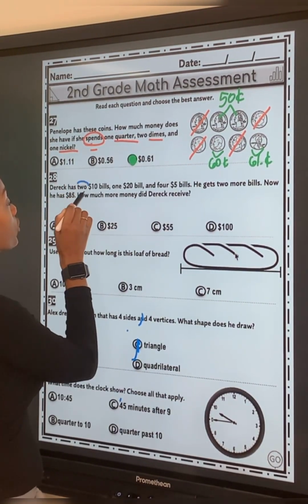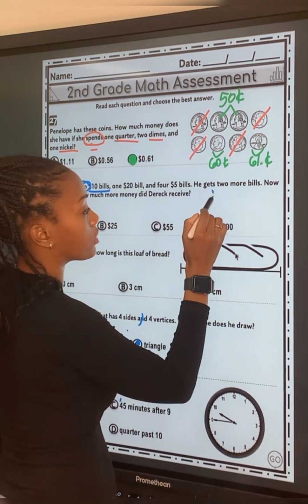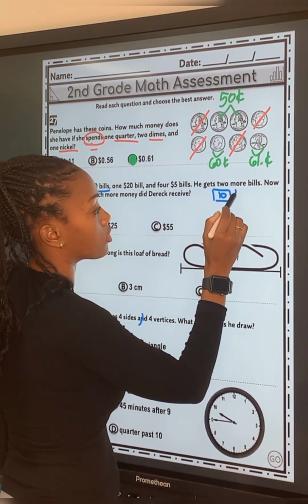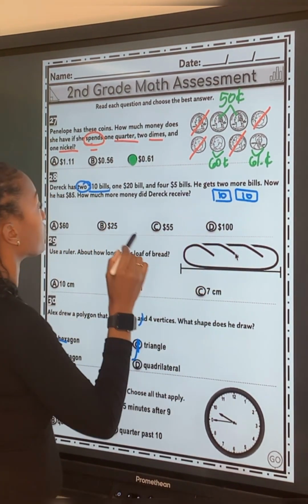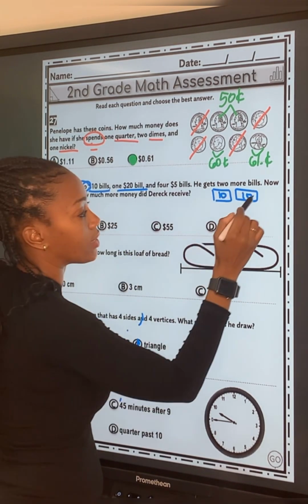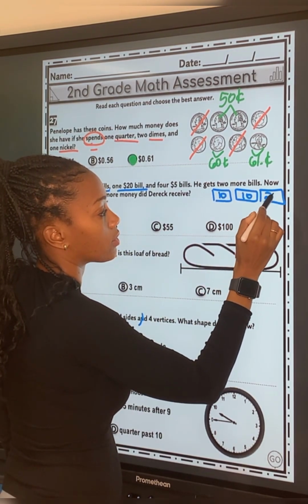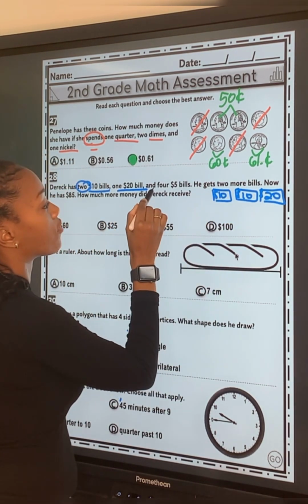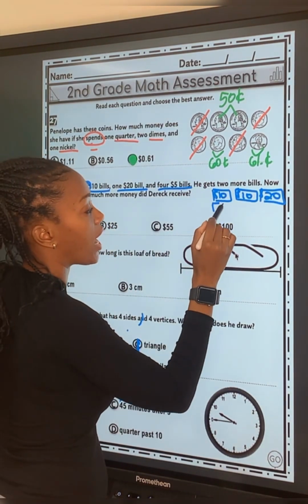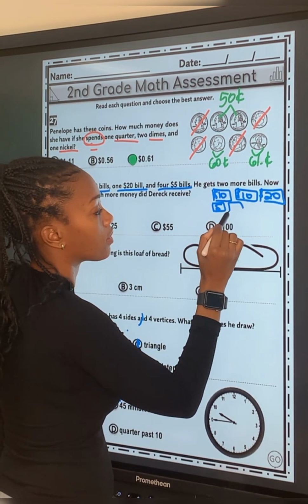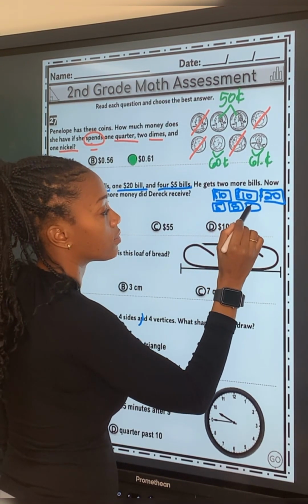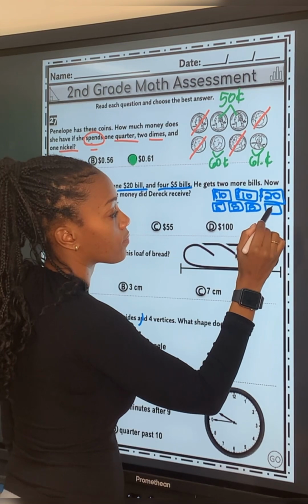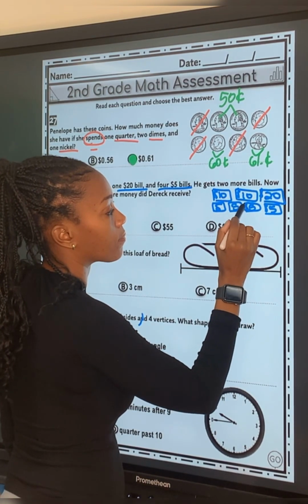We have 2 $10 bills. I'm going to draw them right here. $10, 2 of them. 1 $20 bill. And 4 $5 bills. 1, 2, 3, 4.